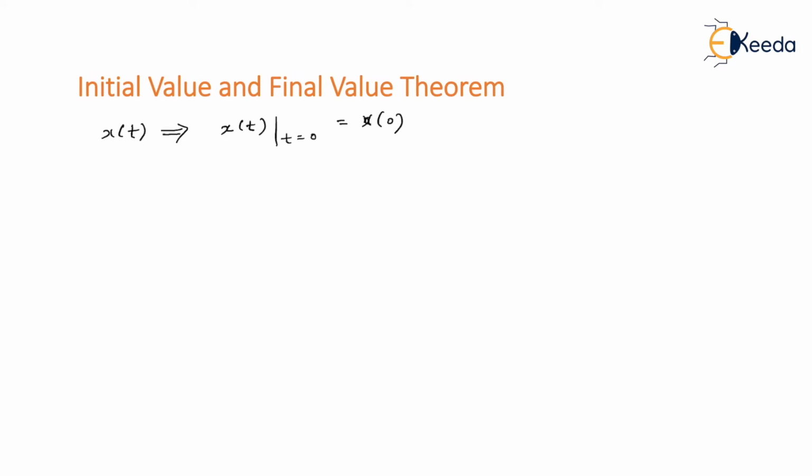Now this x of 0 is called the initial value, and within the same x of t, if you substitute t equal to infinity, what you get is x of infinity, and this x of infinity is called the final value.